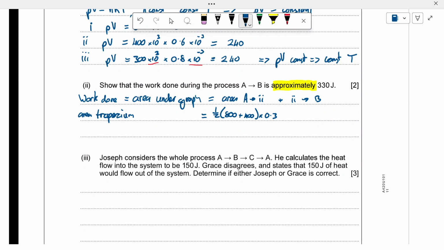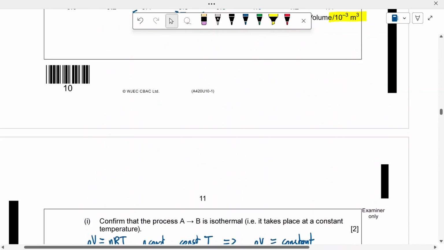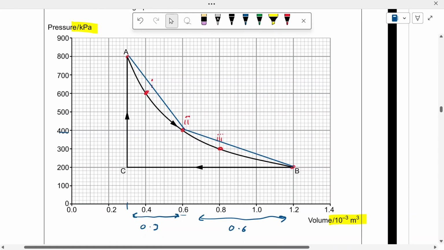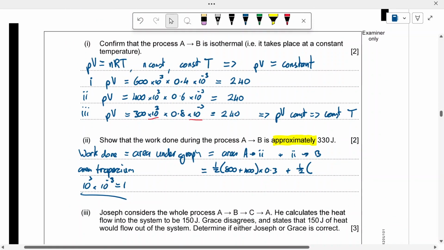So I'm just going to make a statement here. I'm just going to write that at the side, and I'm not going to bother to include them. So that's the area from A to 0.2, and then I'm going to add the area from 0.2 to B. So my side lengths are 400 and 200.